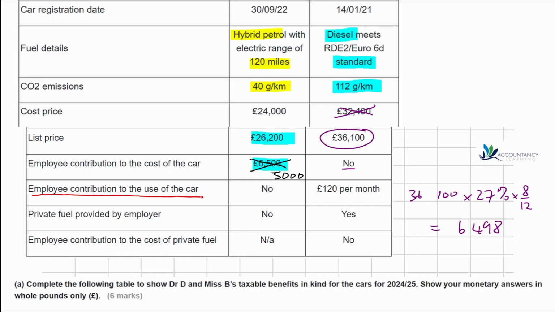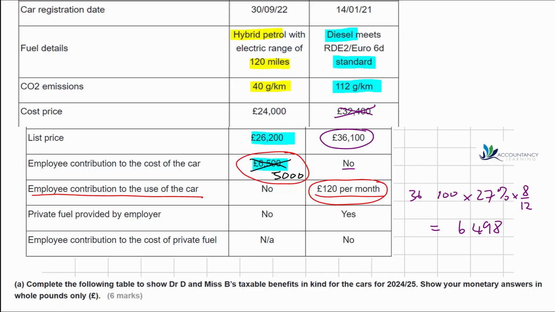But this question is further complicated though, because it tells us that they are making a contribution for the use of the car of £120 per month. So notice the difference between these two different people. Dr. D was providing a capital contribution, so that 5,000 we deducted from the list price, but the second person is making a revenue contribution of 120 per month.